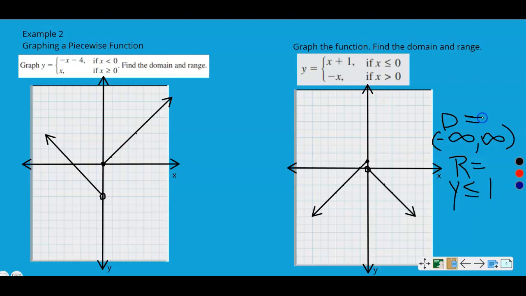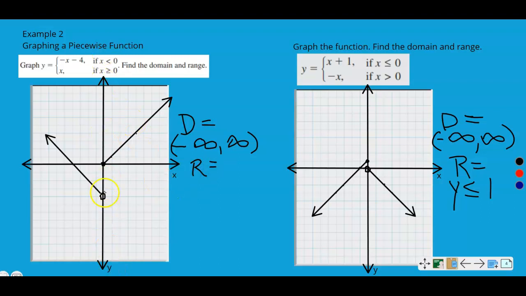Now in the last video we did graph number 2, but I forgot to do the domain and range. So let's go back over here. Domain, you can see again going left and right. Your x's go on forever. So we're going to have negative infinity to infinity. And our range is our y values.